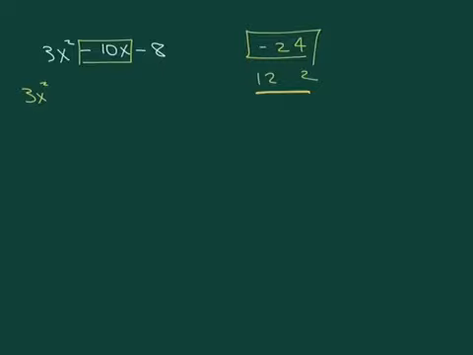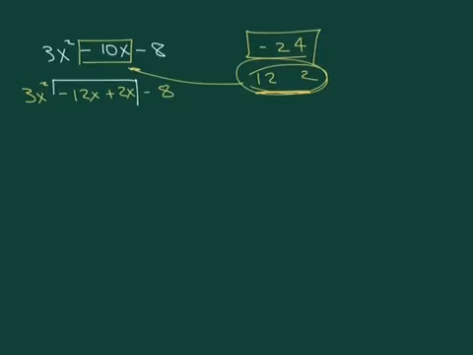So now I'm going to substitute a 12 and 2 for the negative 10. So if I put negative 12x plus 2x, what does this equal? Multiplied together, it gives me negative 24. Added together gives me a negative 10x. So I'm trying to find two numbers to put in here instead of the negative 10x.